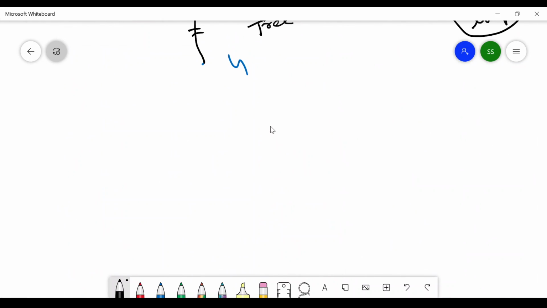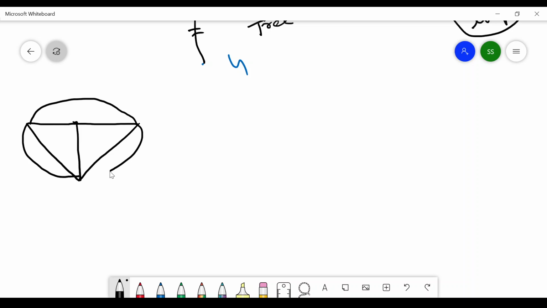So let us draw the circuit again. This one is the circuit. Give the branch nomenclature: this is 1, this is 2, this is 3, this is 4, this is 5, this is 6, this is 7, this is 8.